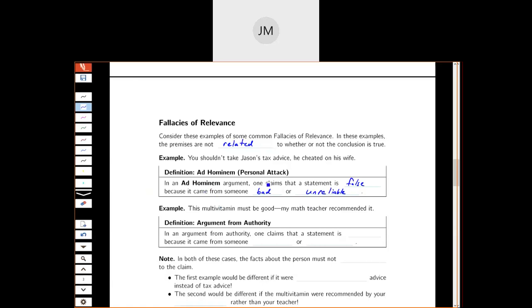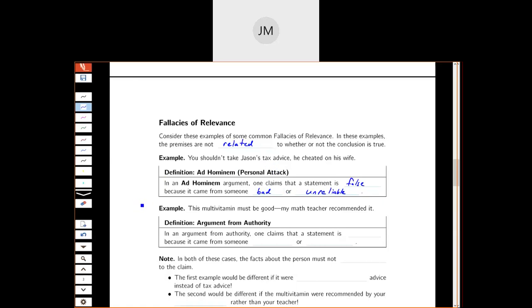So because Jason cheated on his wife, he's a bad person, so you shouldn't take his tax advice. That's the idea of the argument, but again, his tax advice isn't really related to that. So that's not a good reason for not taking his tax advice.